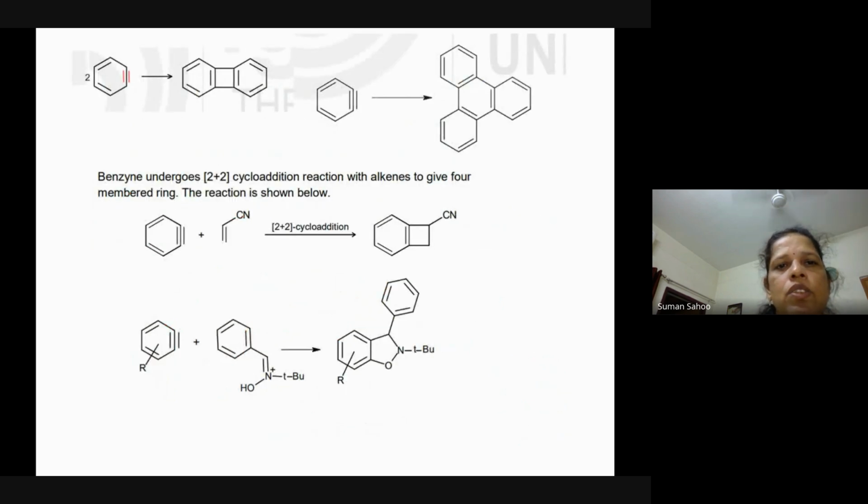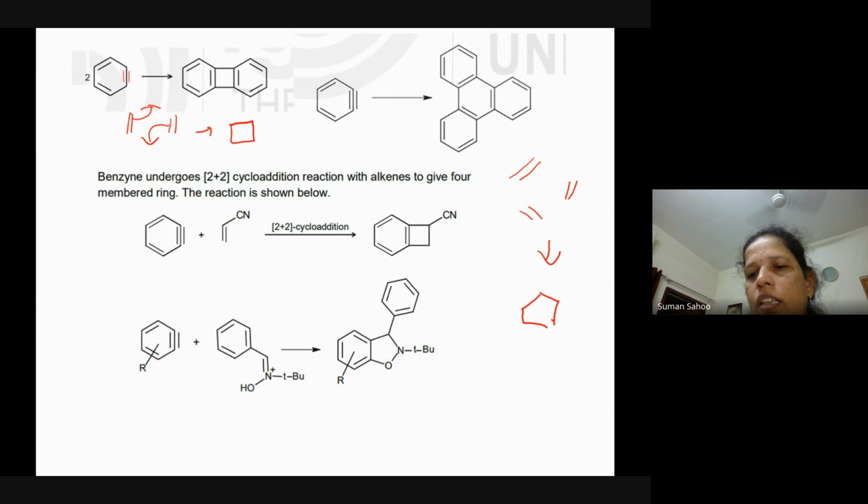That also undergoes dimerization, like two benzynes undergo dimerization like this, 2 plus 2 cycloaddition, that gives a cyclobutane, or trimerization, like in alkynes. As you all know, alkynes give you your benzene. That gives you benzene.